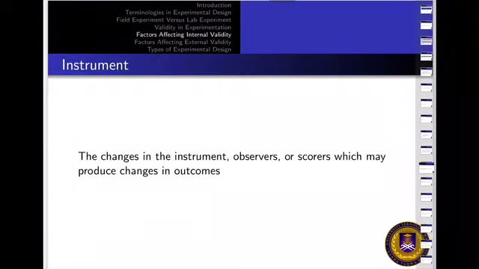Kalau contohlah student A dengan student B, there is a difference in the outcome. Kalau student A yang pergi tanya dia, tak sama dengan student B yang pergi tanya the respondent, so the changes in the instrument can affect the internal validity.